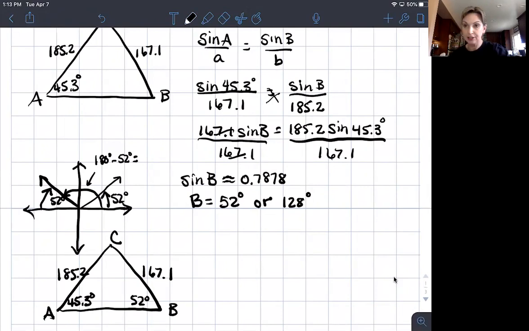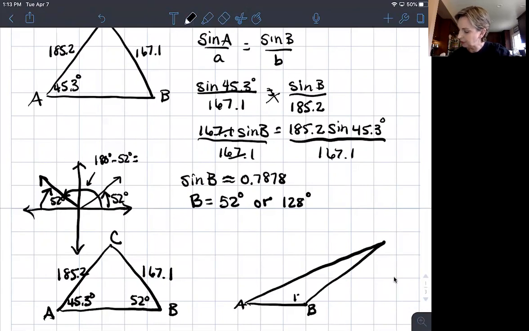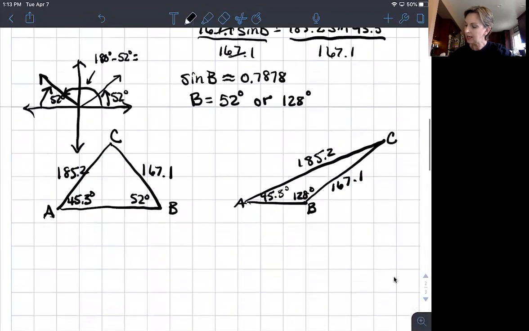And then I have a different triangle where B is going to be this big obtuse angle of 128 degrees, and 45.3. This might not be drawn totally to scale, but you get the idea. Okay, and now you have to proceed with completing and solving both of these triangles, right?